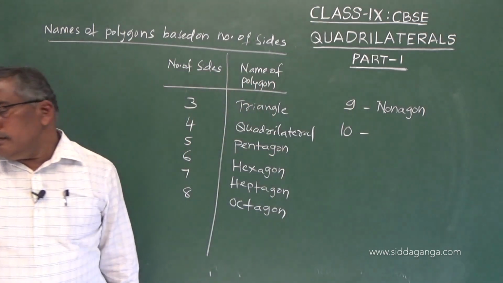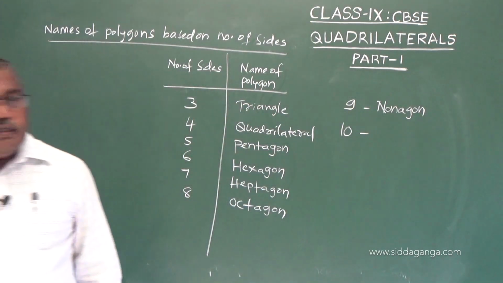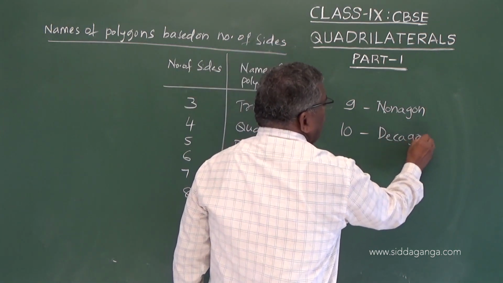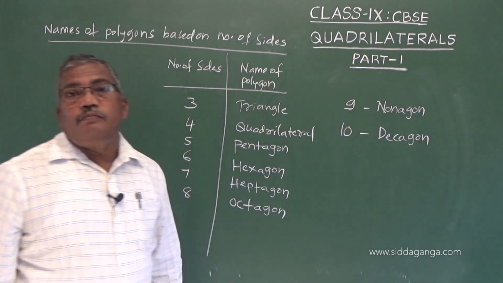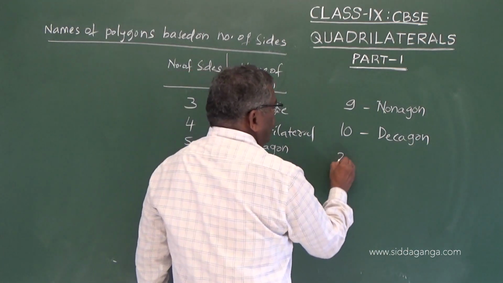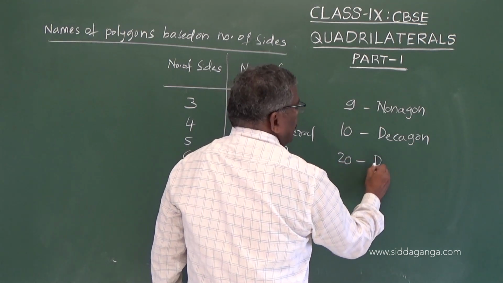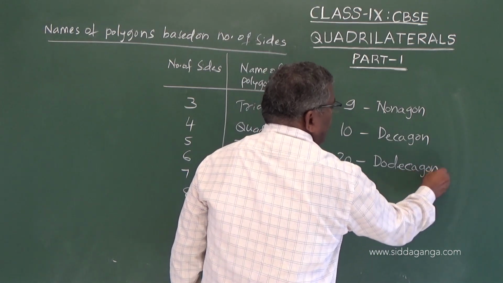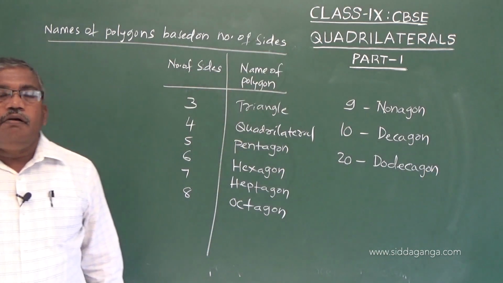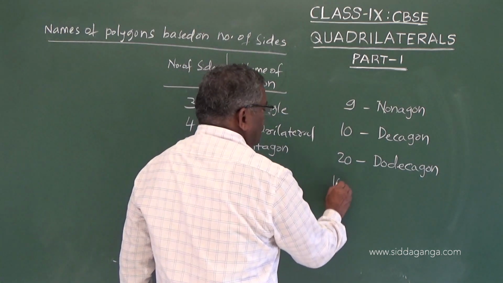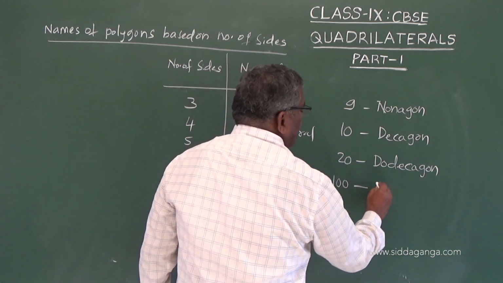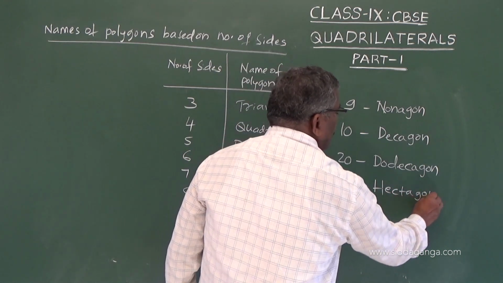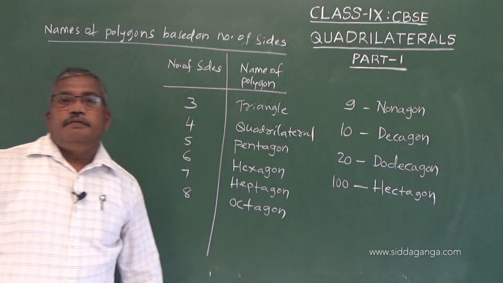10 sides, decagon. 20 sides, dodecagon. 100 sides, hectagon.